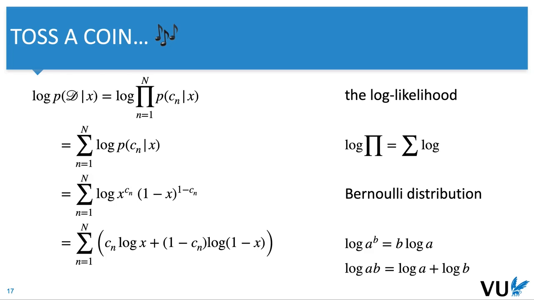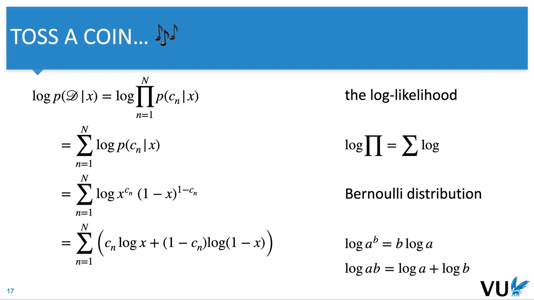Now we use two properties of the logarithm function. First, the log of an exponential function can be simplified so that the exponent goes in front of the log. And then, the logarithm of a product is a sum of logarithms. And now we have our log likelihood function in this form: a sum, and some sum inside.